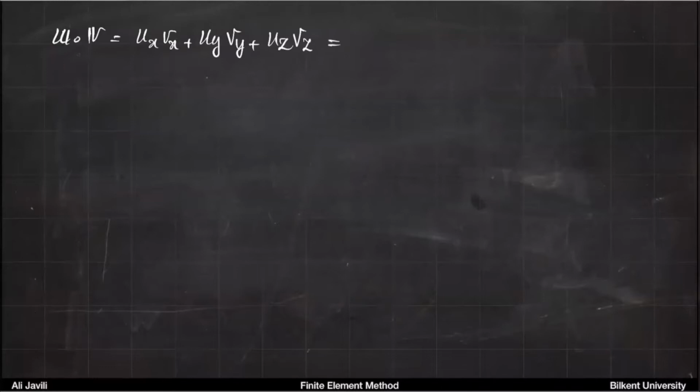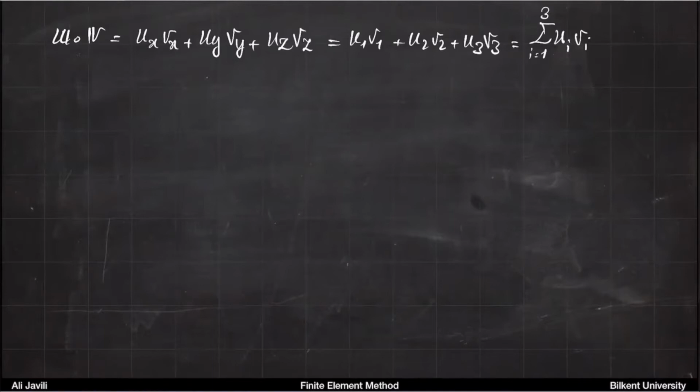But now in this case, it would be simply u1 v1 plus u2 v2 plus u3 v3. Because it looks like that, it is exactly a summation over those. And we also said that if you have a summation and a repeated index twice, you don't need to write the summation. So this is how you can write it. Instead of u dot v, you can write ui vi.